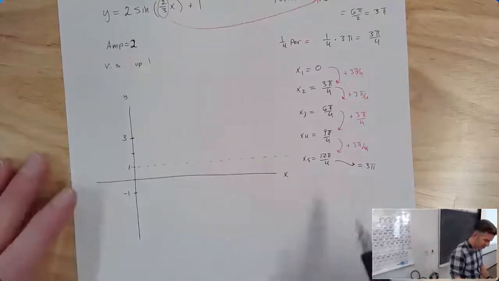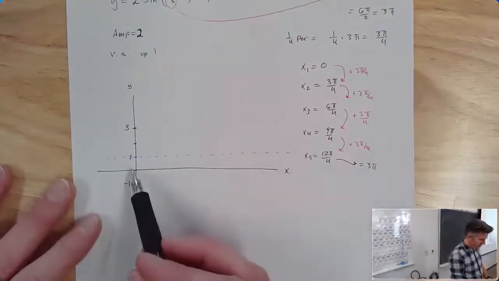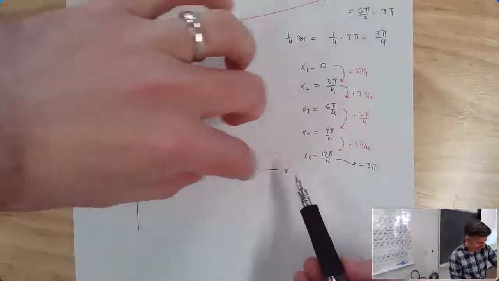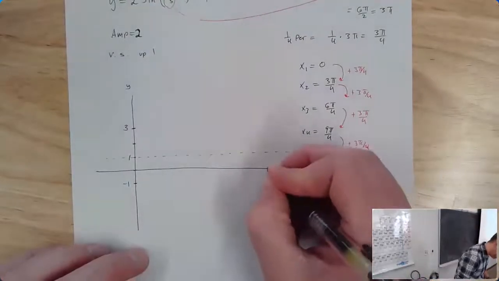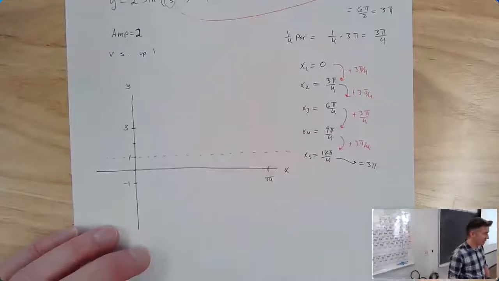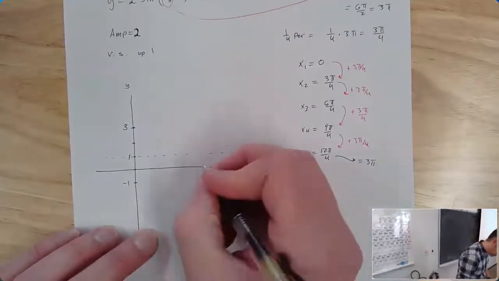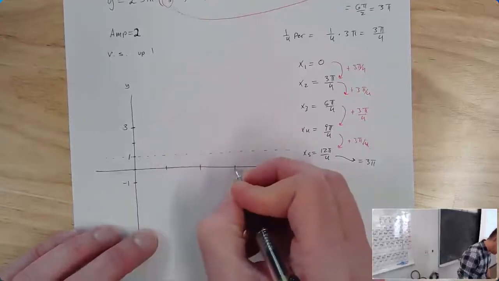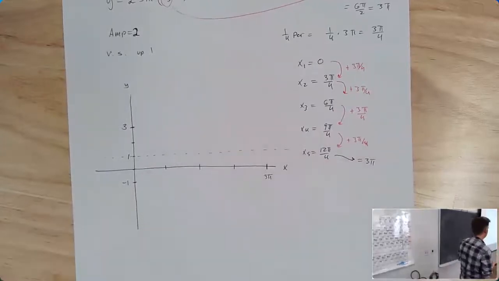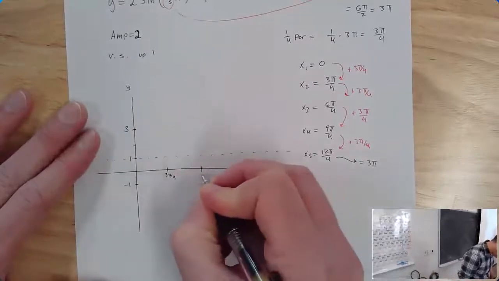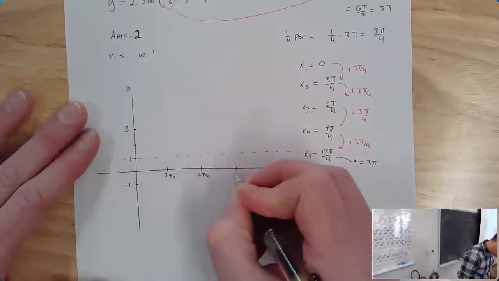So if I'm going to a whole 3 pi, that means I should be going out to like 9. It's probably not perfect. That's okay. Let's say that's the end right there. Then we take our period and cut it in half, and cut each of those in half. That's how I like to find my 4 places on the x-axis. And that's going to be 3 pi over 4, 6 pi over 4, 9 pi over 4.